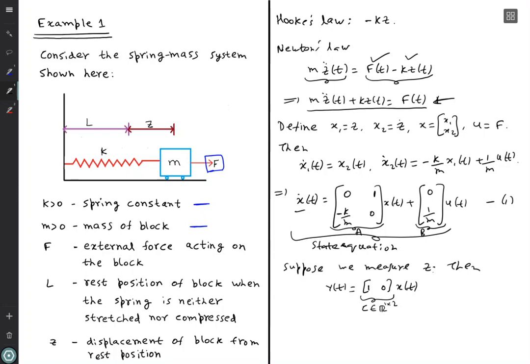Now the state equations are not necessarily unique for a given dynamical system. For instance, suppose I define x1 equal to z, x2 equal to z plus z dot, x to be the vector x1 x2 and u to be equal to f.